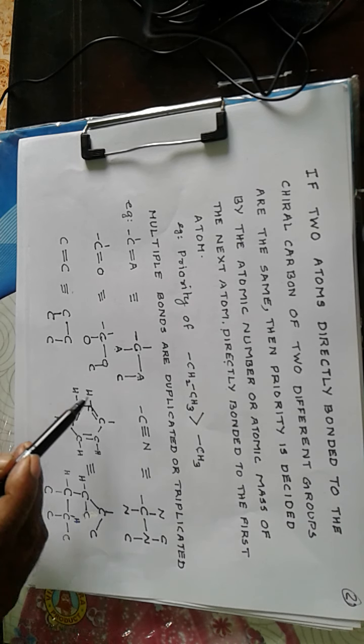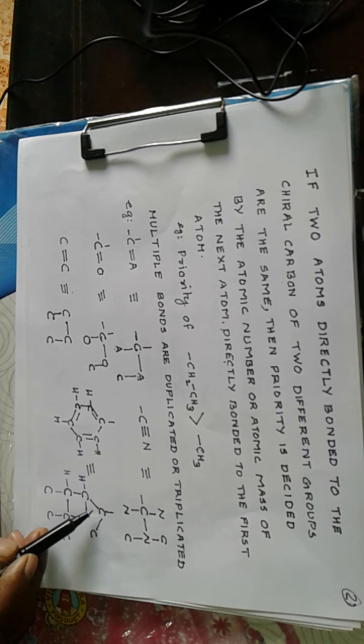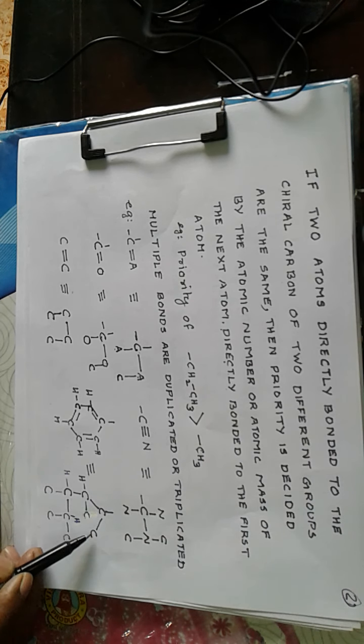Now the phenyl group can also be split in the same manner. This carbon possessing the valency splits into two bonds connected to carbons.